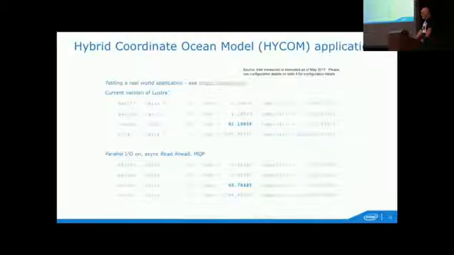And finally, I tried to launch a real-world application. I used the hybrid coordination model application for this and tried to see how it would behave. Unfortunately, this application doesn't use file I/O intensively, at least in the workload I used, so the impact was not so significant.